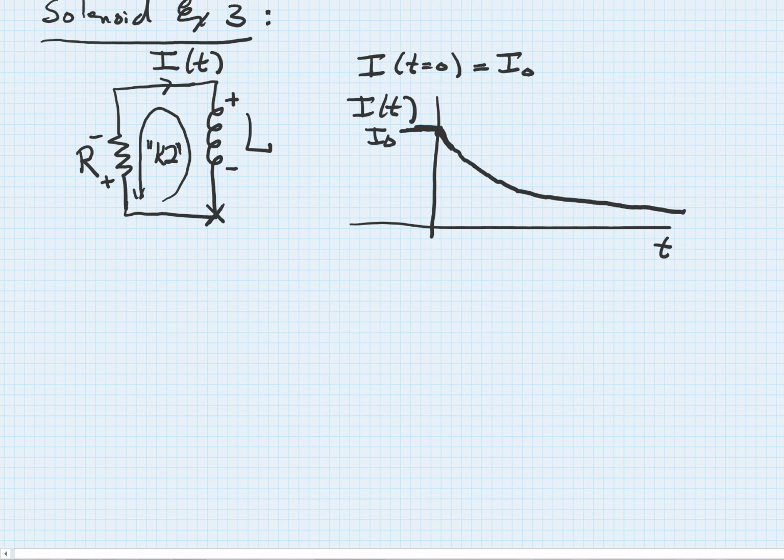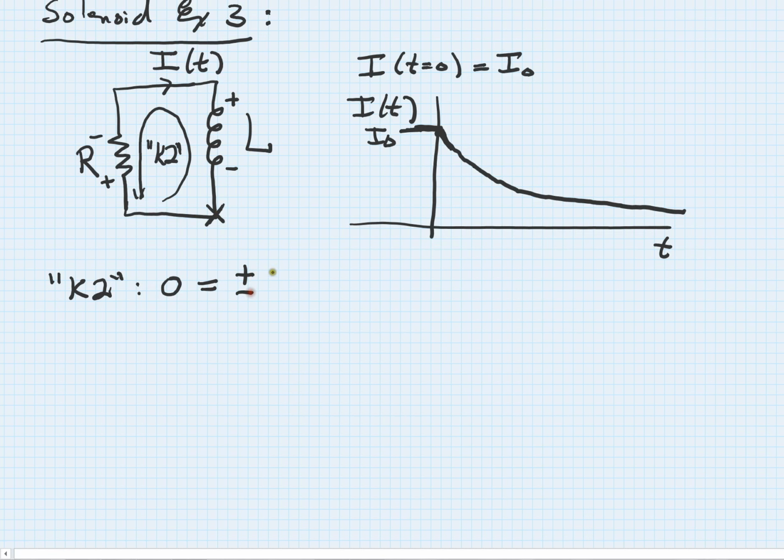If I start at my point here labeled X, I know what K2 is going to tell me: 0 equals, going around my loop, I'm going to go this way, through my inductor. As I go through that inductor, I'm going from the minus side to the plus side of the inductor.